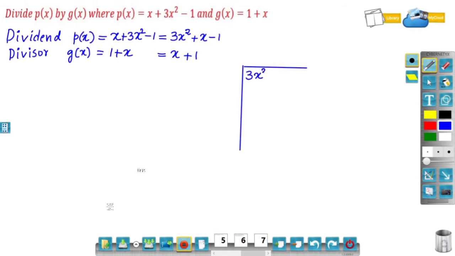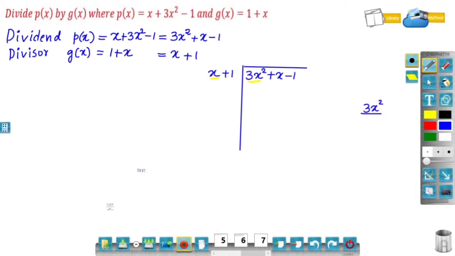Now write the dividend inside, that is 3x square plus x minus 1, and divisor outside, that is x plus 1. Now while dividing polynomials, the first step is divide the first term of dividend by the first term of the divisor to get the quotient.